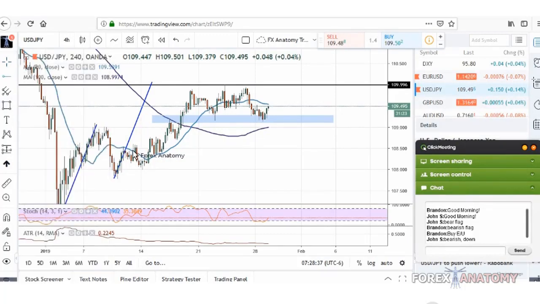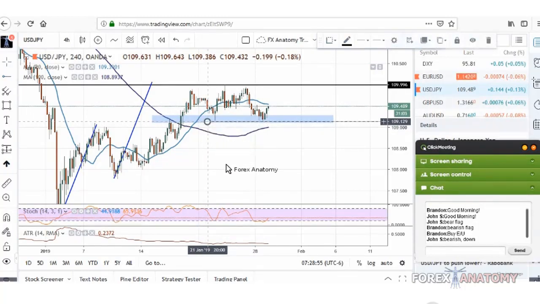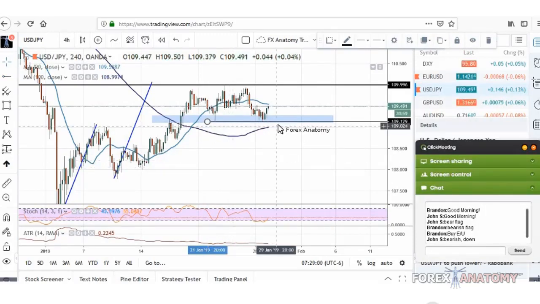As a matter of fact, you can just take the lowest low, because I believe the lowest low is right around here with this red body candlestick, which is at 109.13. So then what you could do is place a line there and a price alert, if you do have a price alert, to notify you of when price reaches this particular area.